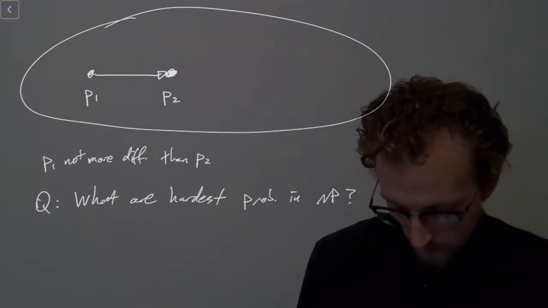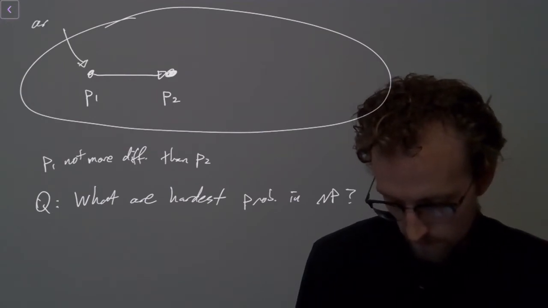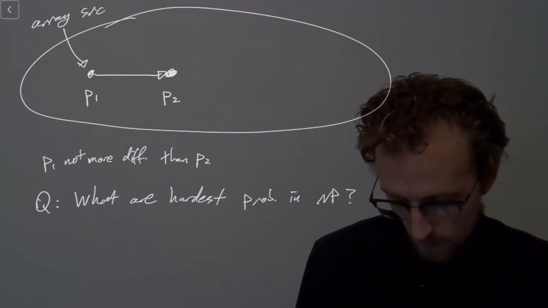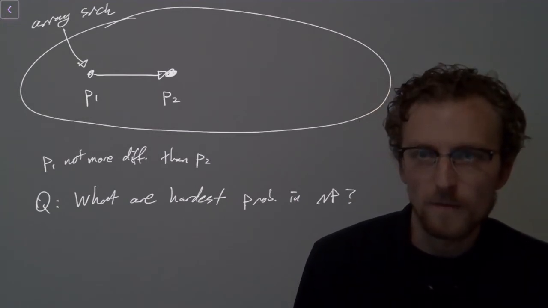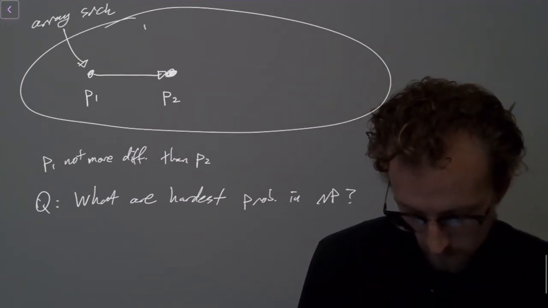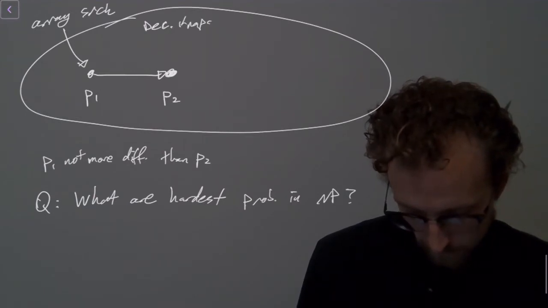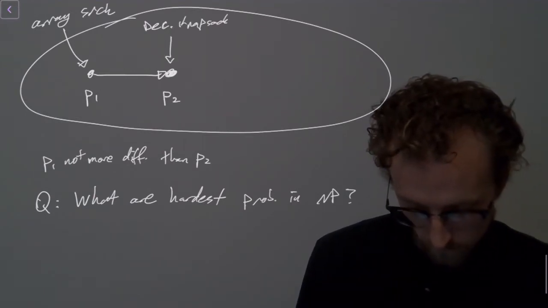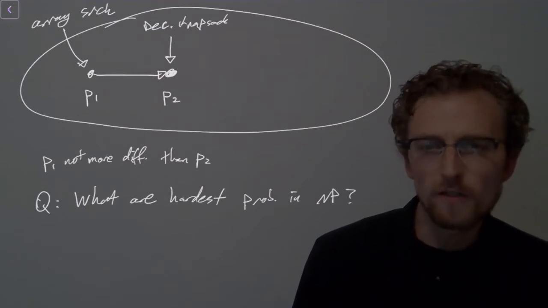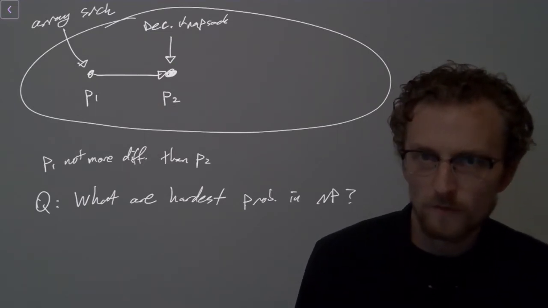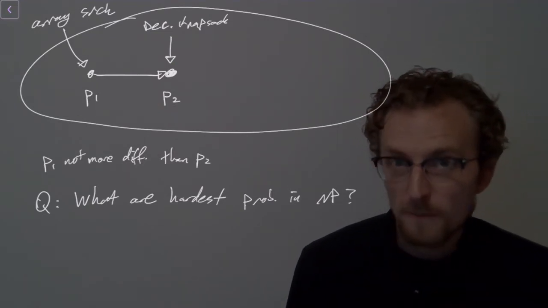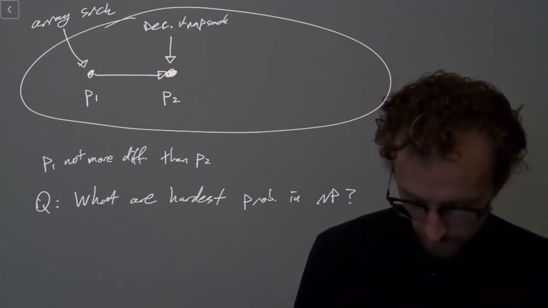Maybe P1 here is the array search, the one we've been thinking about for a couple lectures now, and maybe P2 is decision knapsack. We know there is a polynomial time reduction from P1 to P2. We know this because we wrote one in video 3.